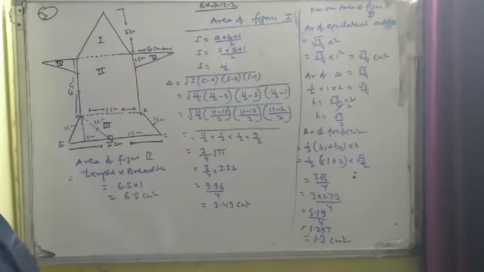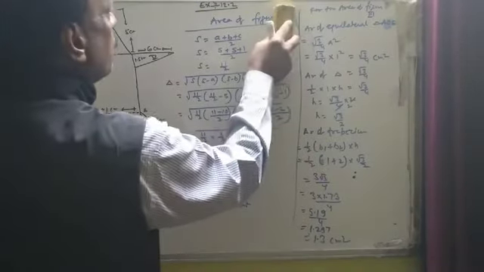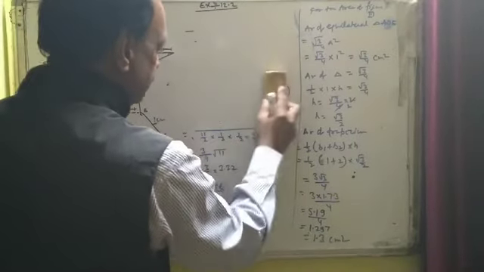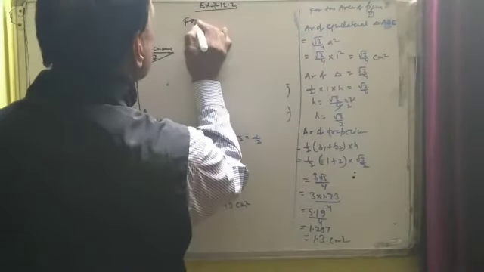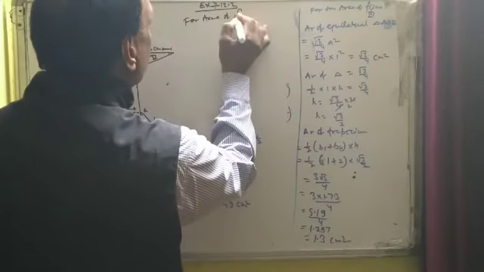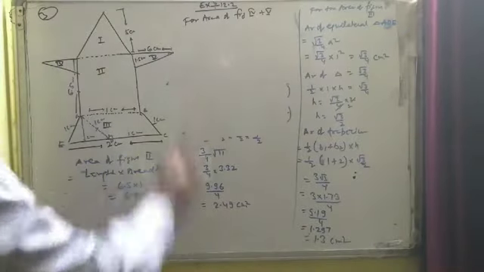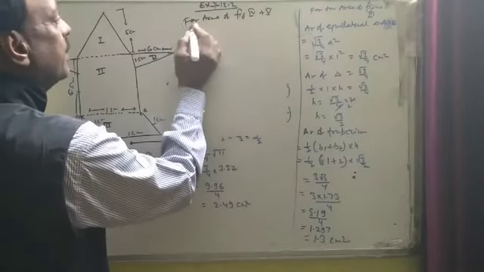Two figures are remaining, figure number 4 and figure number 5. For the area of figure 4 plus 5, obviously these two figures are equal, therefore at a time we can get the area of both figures.